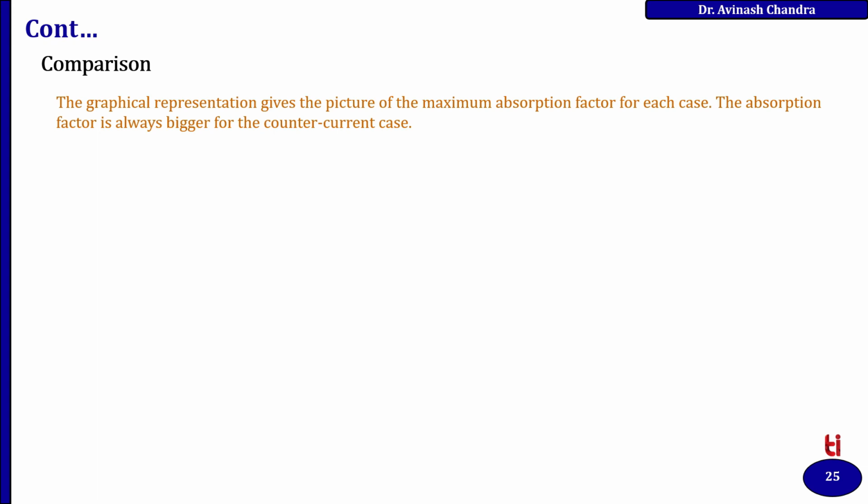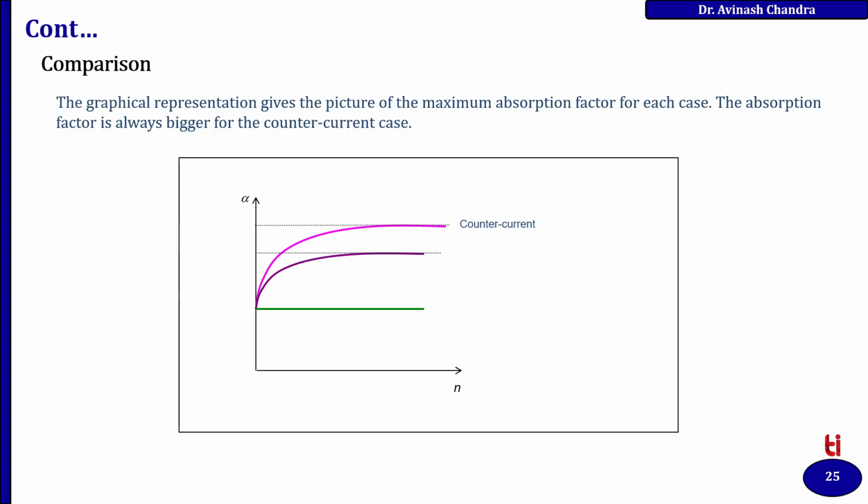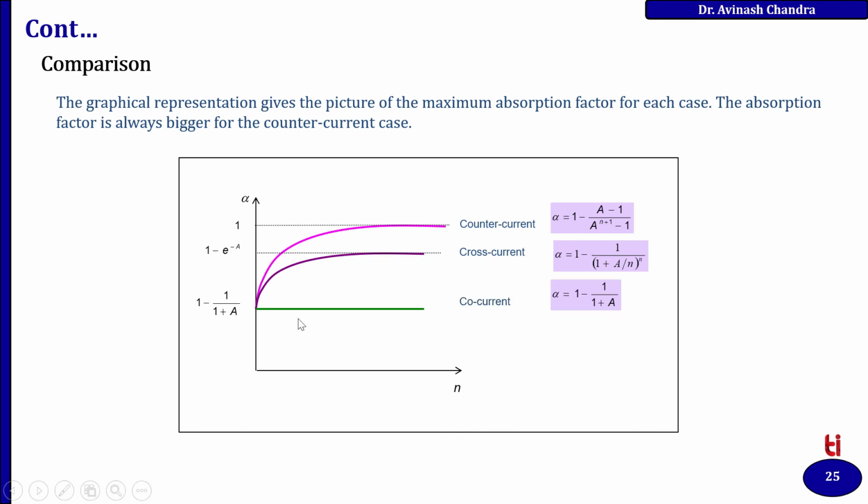So the comparison between all these is shown in the graphical representation: this is for counter-current, this is for cross-current, this is for co-current. It is clear from this figure that when we increase the number of stages in the case of co-current, the value of alpha will be constant for each stage, or the same separation will be obtained in each case.